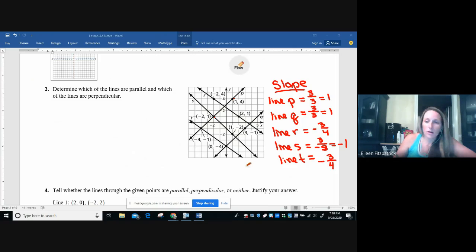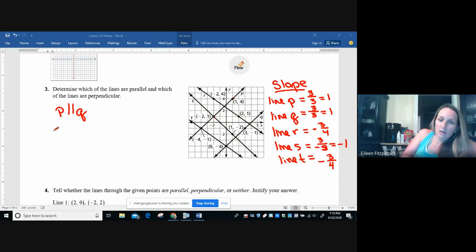Okay, so we were asked to determine which lines are perpendicular and which lines are parallel. Same slope, parallel lines. So I know that P is parallel to Q, and I also know that, where's the negative 3/4? R and T. R is parallel to T. All right. Now, opposite reciprocals means you have perpendicular lines.